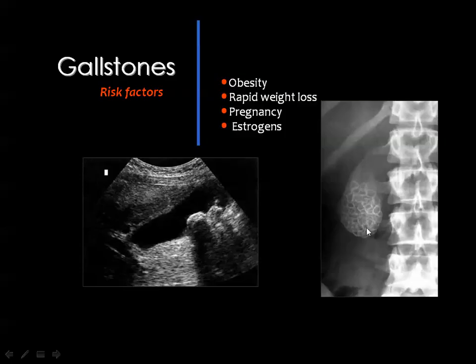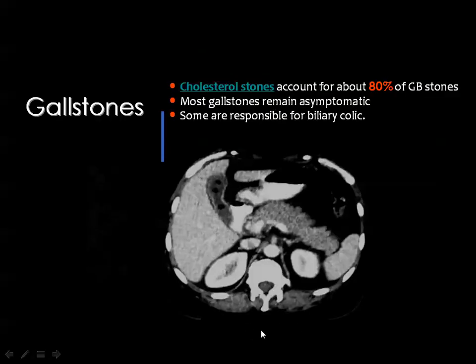And this is an oral cholecystogram showing too many faceted gallbladder stones inside the gallbladder itself. Then some of the gallstones are cholesterol stones, and these stones may represent the majority of gallbladder calculi.